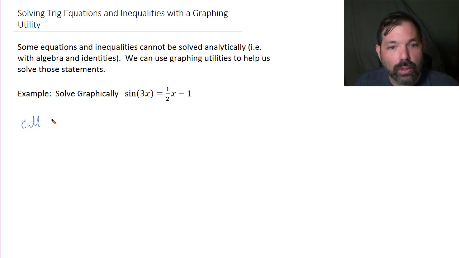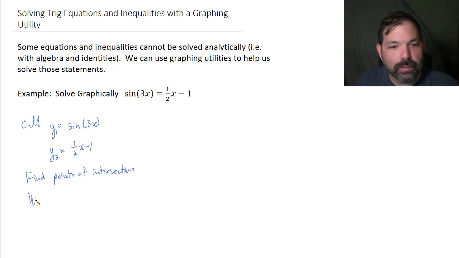I'm going to call y1 sine of 3x, and y2 1/2 x minus 1, and I'm going to find points of intersection. And then I'm going to use those points correctly.